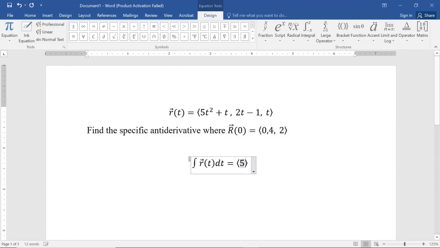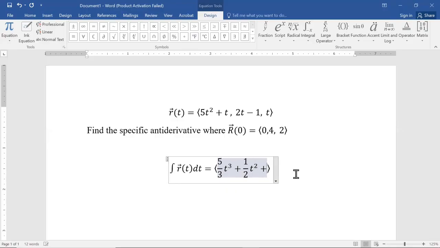We get 5/3 t to the third plus 1/2 t squared plus some constant. Now I'm going to call this constant sub x because that constant is going to be the constant that I find in my x component.